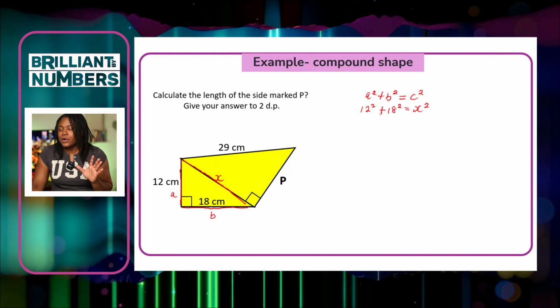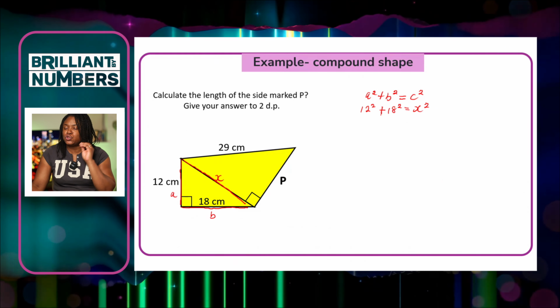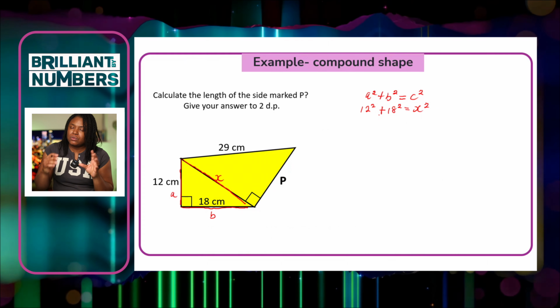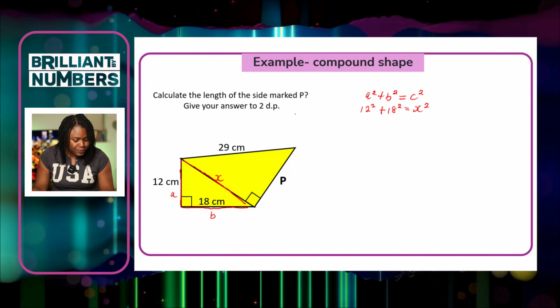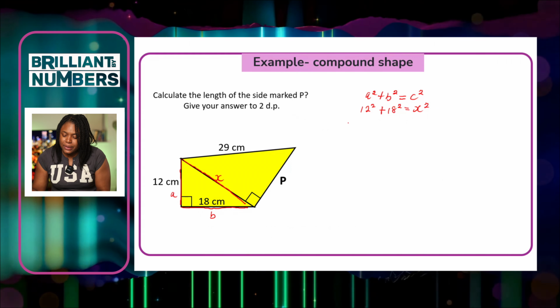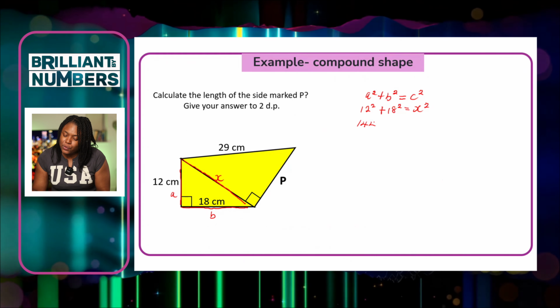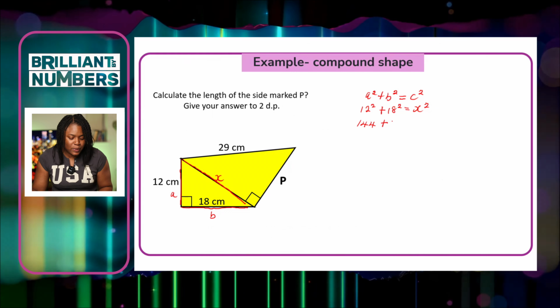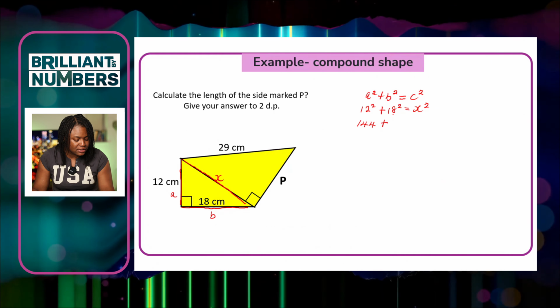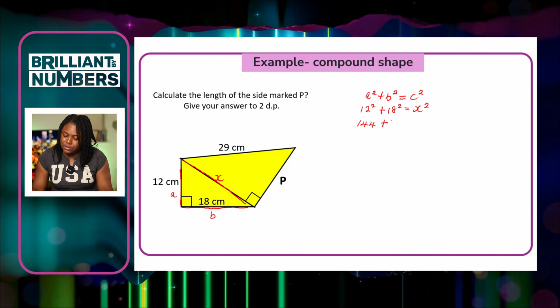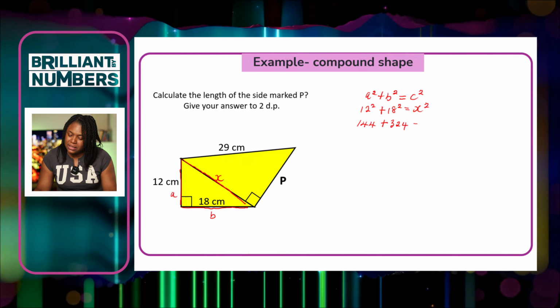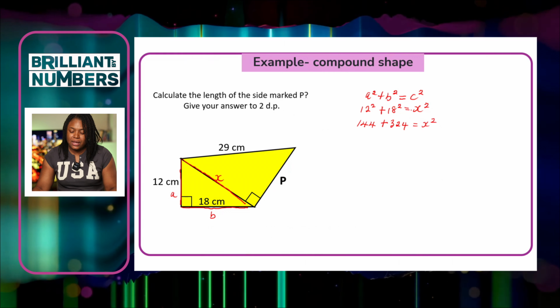Now, for a calculator paper, you do not need to go through what's 12 squared. You could just put this all in your calculator. So let's go. So 12 squared, however, is 144 plus 18 squared. 18 times 18. Let's just put that in our calculator quickly. And that gets us to 324, and that's equal to x squared.